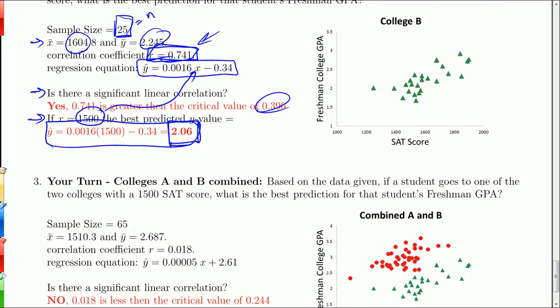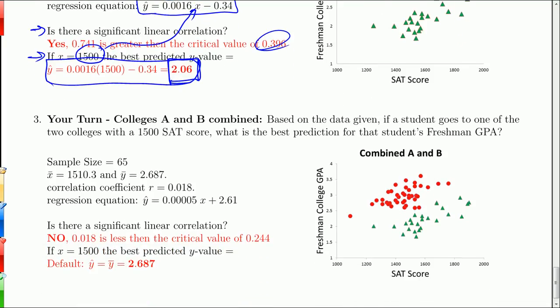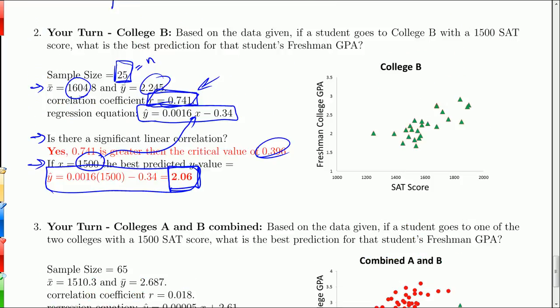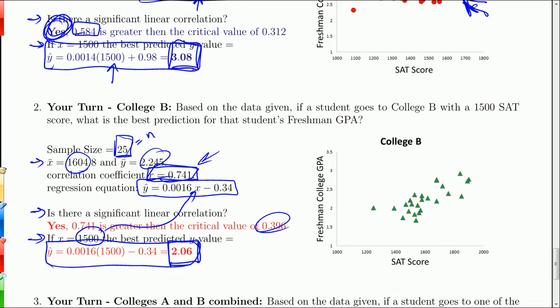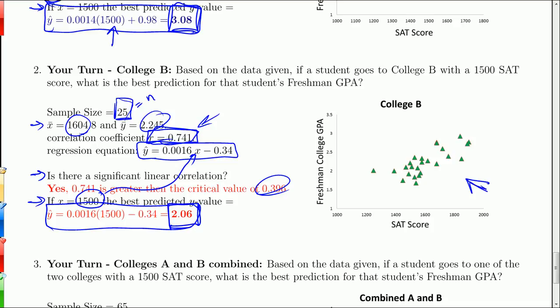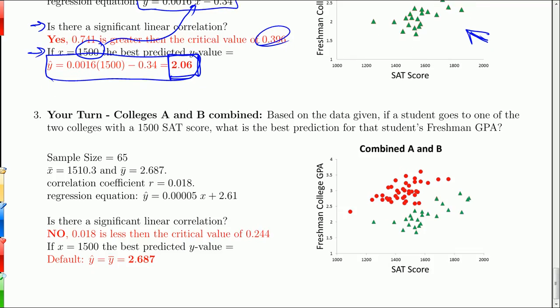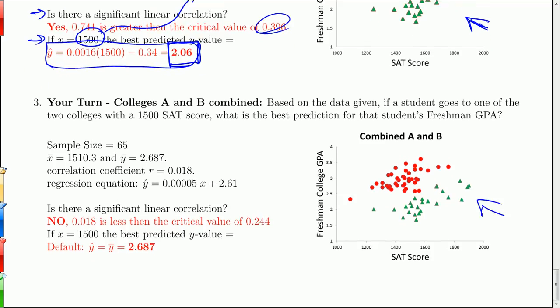And now notice what happens when we combine them. So now we have College A, these red dots here, and College B, these green triangles here. When you combine them into one scatter plot, you get this relationship. Now the sample size is bigger. N equals 65. Average SAT score.